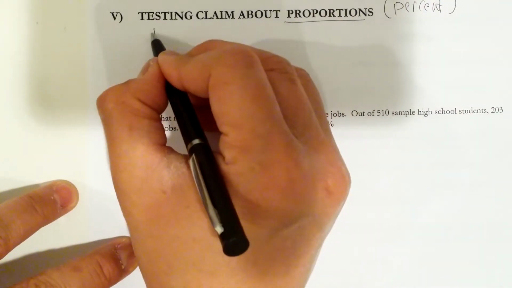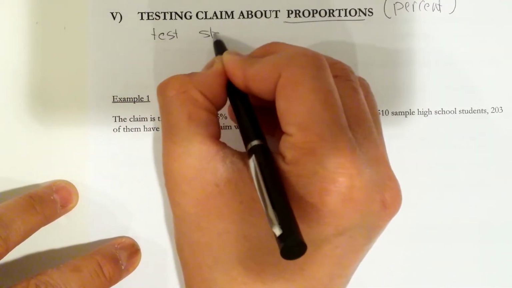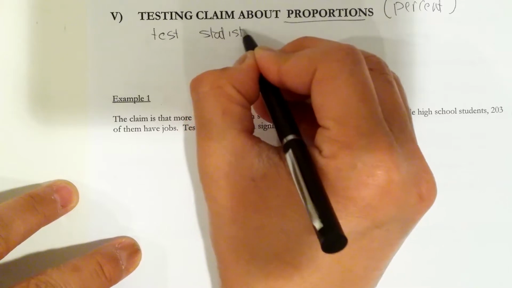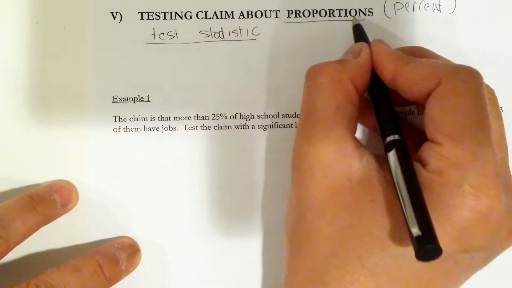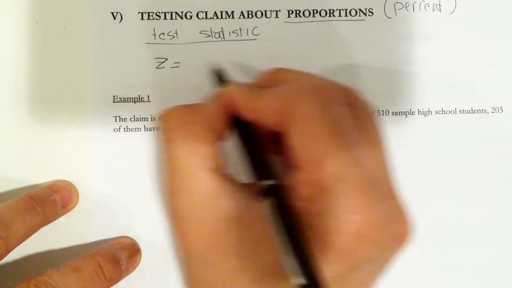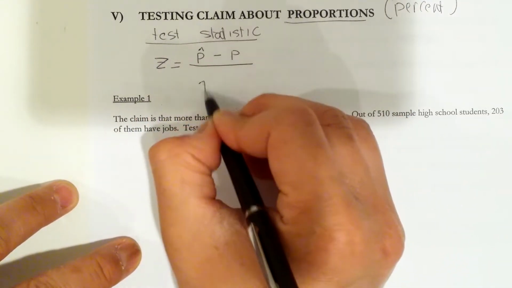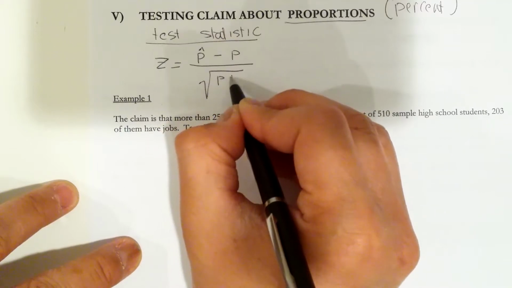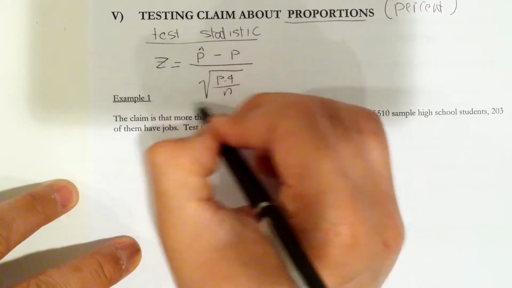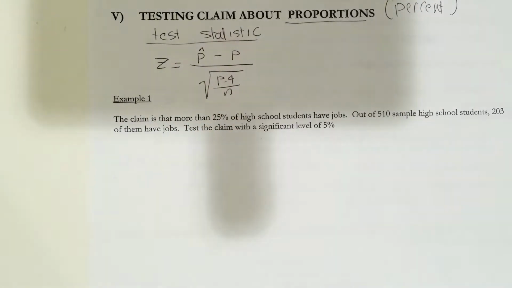And the test statistic that we use for proportion is z equals p hat minus p divided by the square root of p times q over n. That's our test statistic. That's the most important formula.